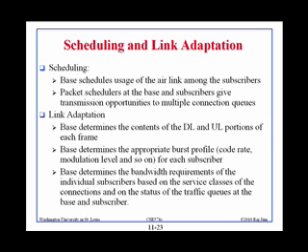All right, now scheduling. Scheduling has to do with which packet goes next, and there are two schedulers. One is in the base station and one is in the subscriber station. The base station allocates both the uplink and the downlink, right?